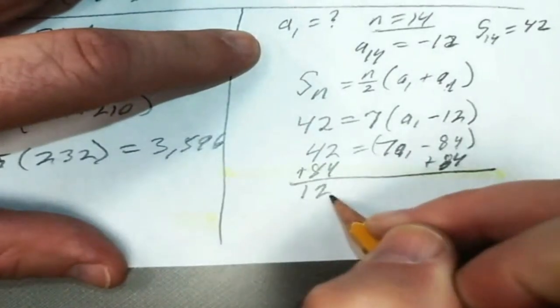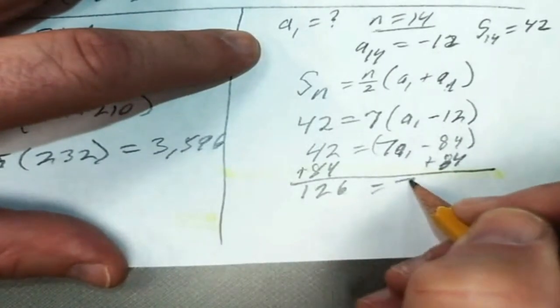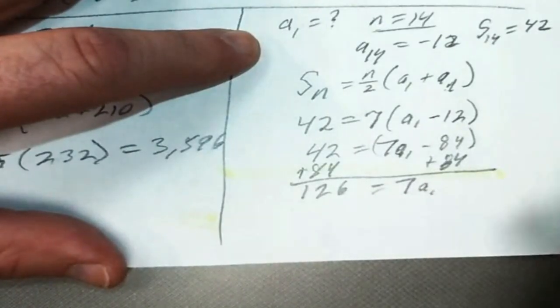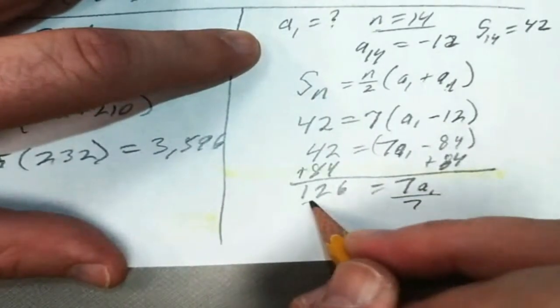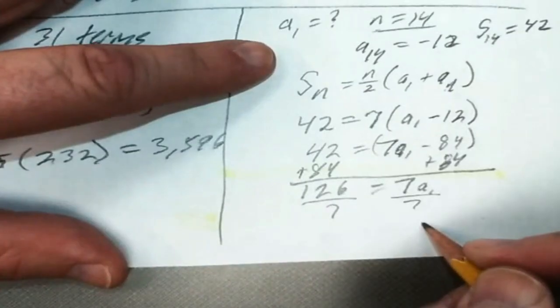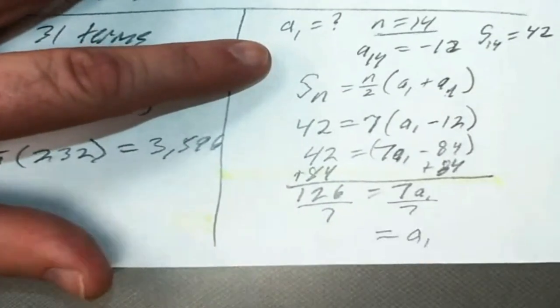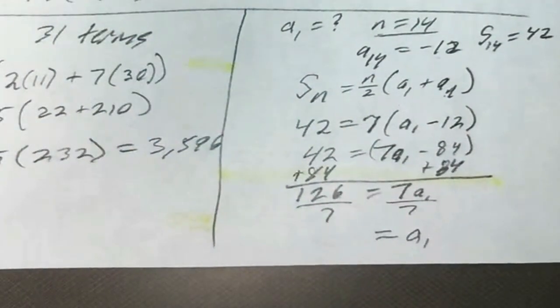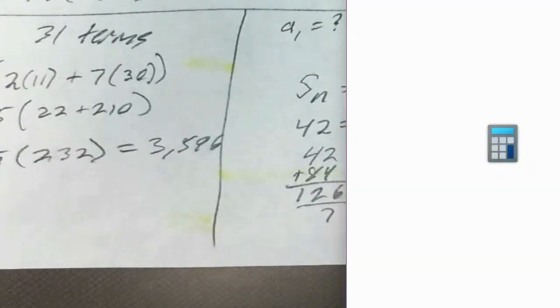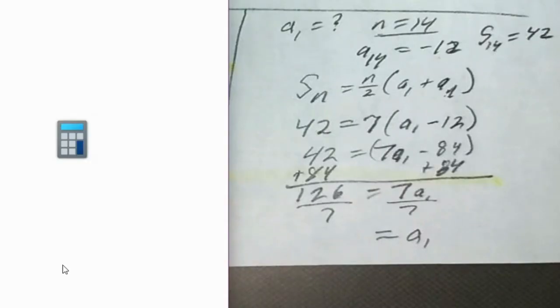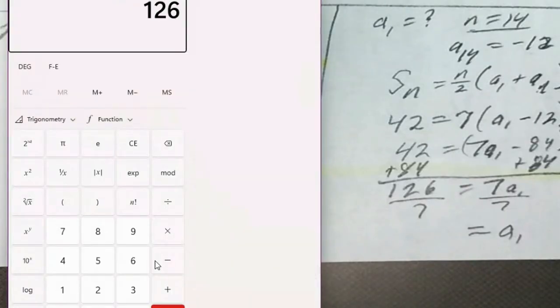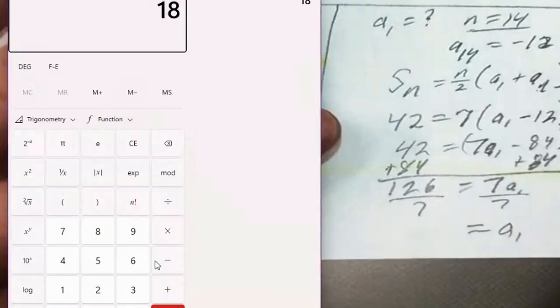So we've got 126 equals 7 a sub 1. Divide by 7. And that'll tell us that a sub 1 equals, well, the calculator, to build the suspense, 126 divided by 7. 126 divided by 7 is 18. 18 is the first term.